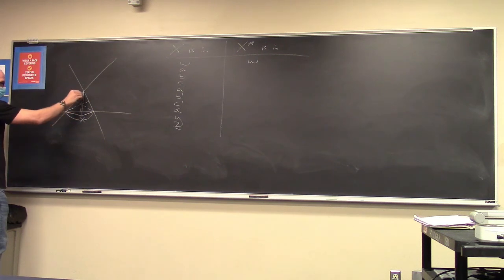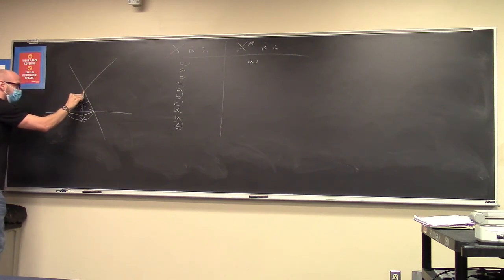So this first Chevian, the only interior one that I have here, if I reflected through this angle bisector, I would get something like this.